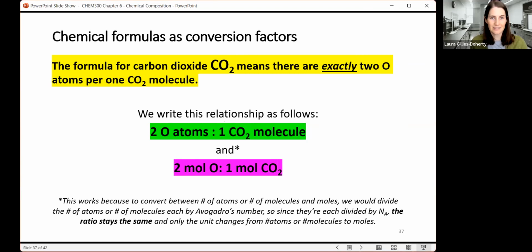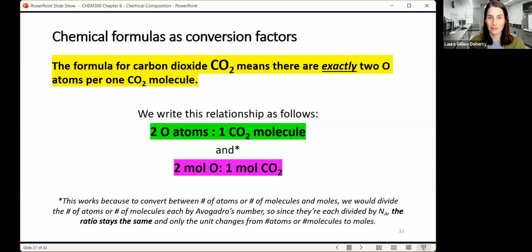And this works going from atoms per molecules to moles of atoms per mole of molecule, because we can convert between number of atoms or numbers of molecules and moles. We would divide everything by Avogadro's number. And so since everything in the top ratio would be divided by Avogadro's number, the ratios remain the same. The unit changes because we essentially took number of atoms and applied Avogadro's number to convert it to moles.